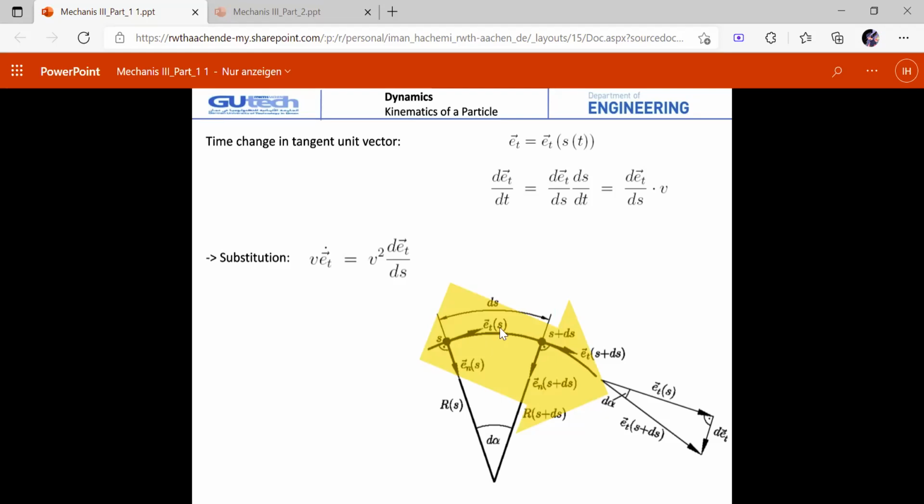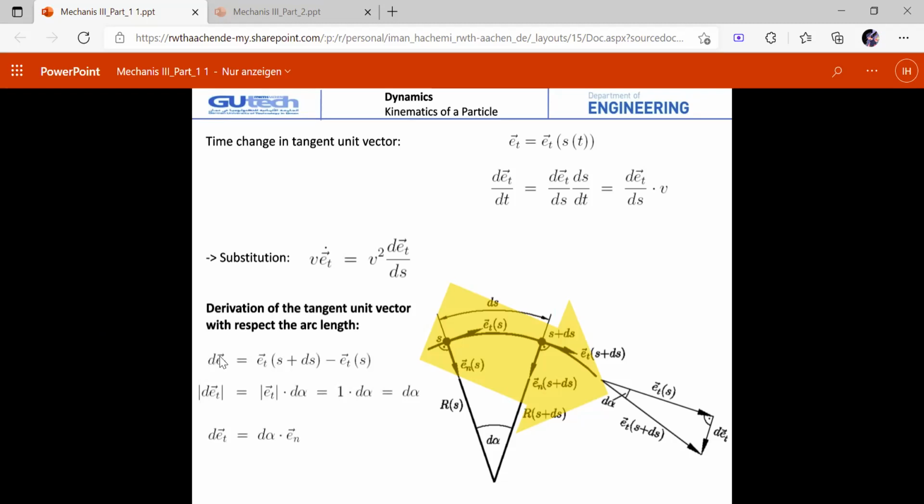Then we have et, which depends on s, the unit vector in the tangential direction, and we have et at time t plus dt, which is at the position s plus ds. At the same time we have the perpendicular part, the normal part en, which depends on s at the position s, and we have the unit normal at the position s plus ds. Now, if we look at this, then we have the et.